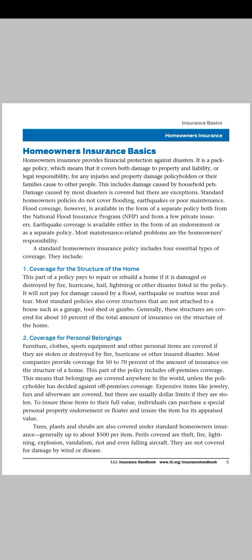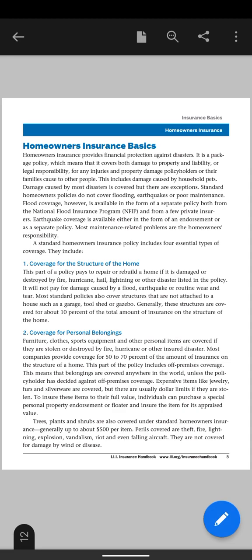Number two, coverage for personal belongings. Furniture, clothes, sports equipment, and other personal items are covered if they are stolen or destroyed by fire, hurricane, or other insured disaster. Most companies provide coverage for 50 to 70% of the amount of insurance on the structure of the home. This part of the policy includes off-premises coverage. This means that belongings are covered anywhere in the world unless the policyholder has decided against off-premises coverage.